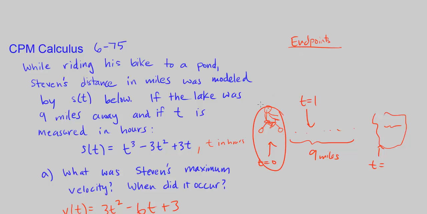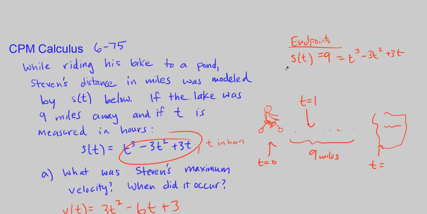We know we started at time 0. The end distance, s of t at the very end, is going to be 9 miles. So we can solve this equation. When this is equal to 9, we can plug it into our calculator and solve it, and that gives us t is equal to 3.